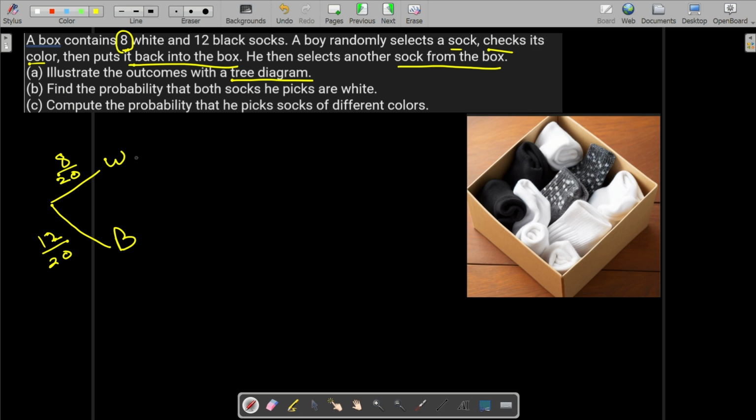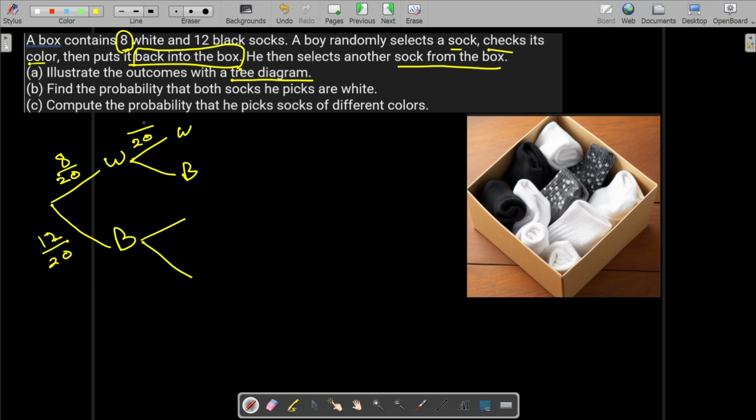The second pick here, we will do it either we got white or black. If you read this carefully, that means he put it back, which means the total number of socks will not be affected. It's going to be 20 as it is, and the number of white socks will not be affected also.